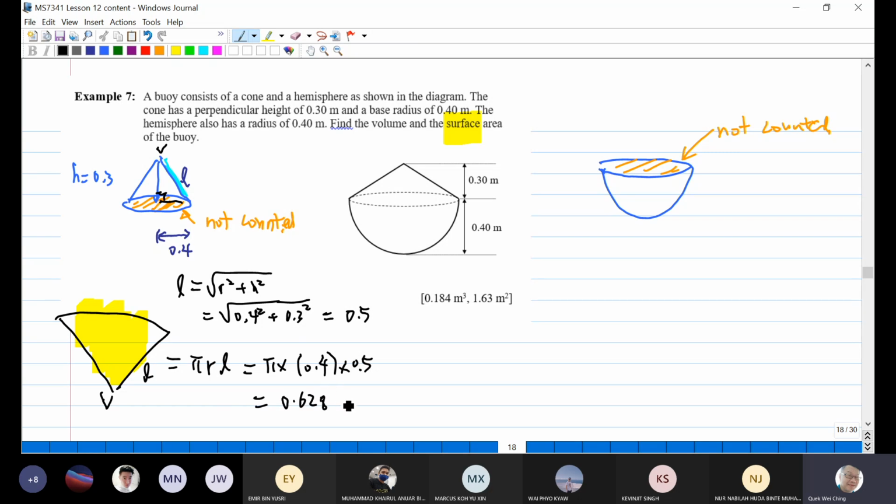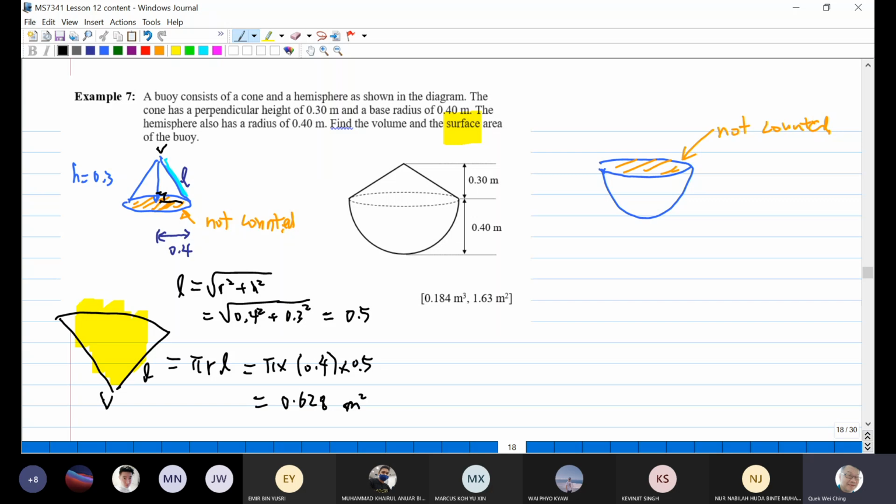Okay, so this is the surface area, in meter squared, for the cone. You cannot count the orange area because they are joined together.